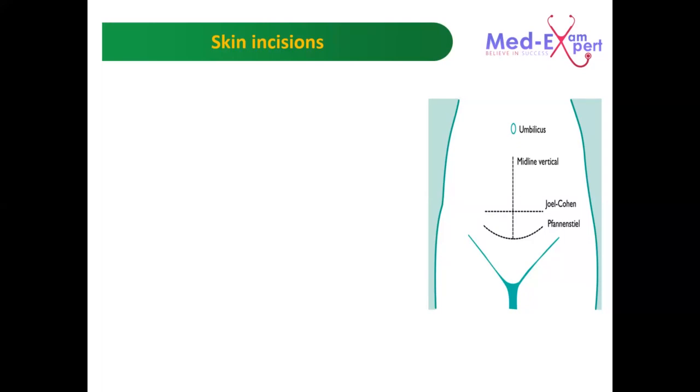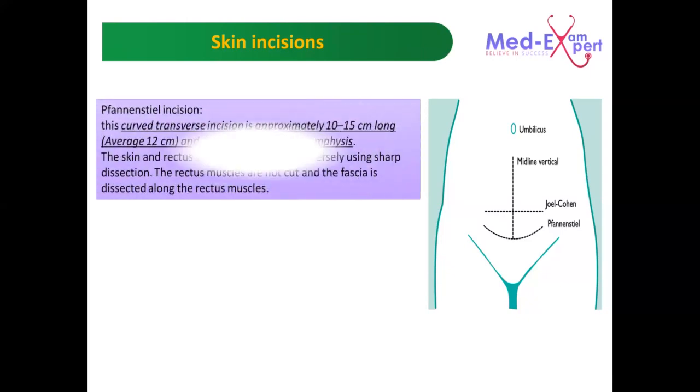The most important thing in the skin is the skin incisions. We need to know that we have two types of skin incisions: either vertical skin incisions or transverse skin incisions.